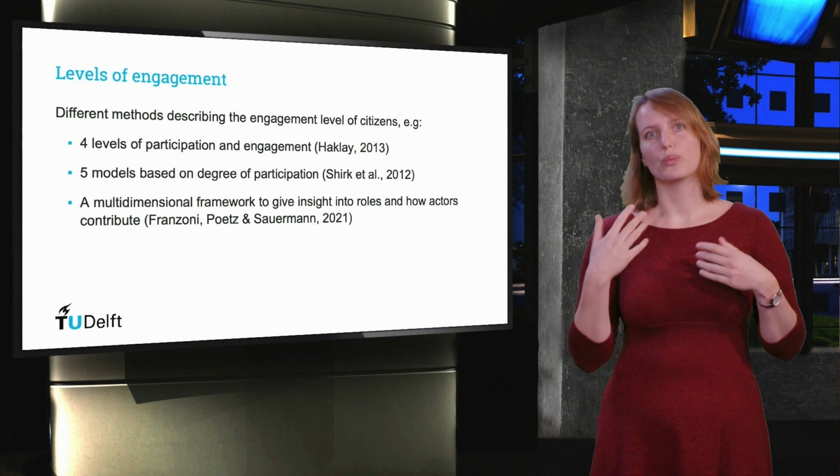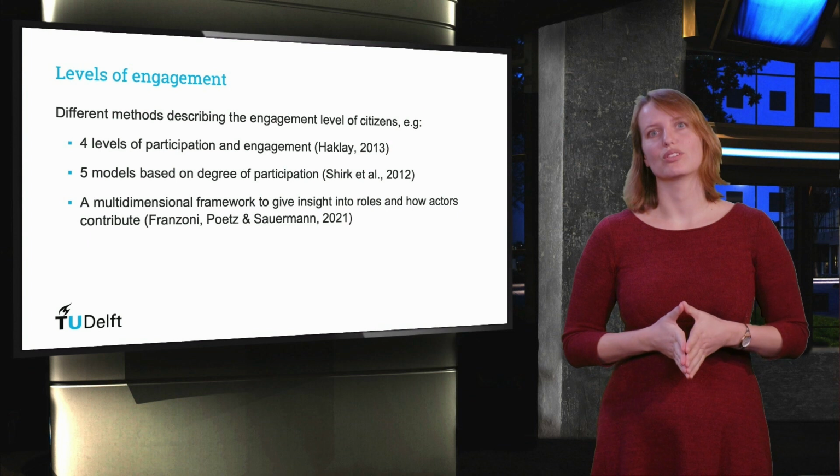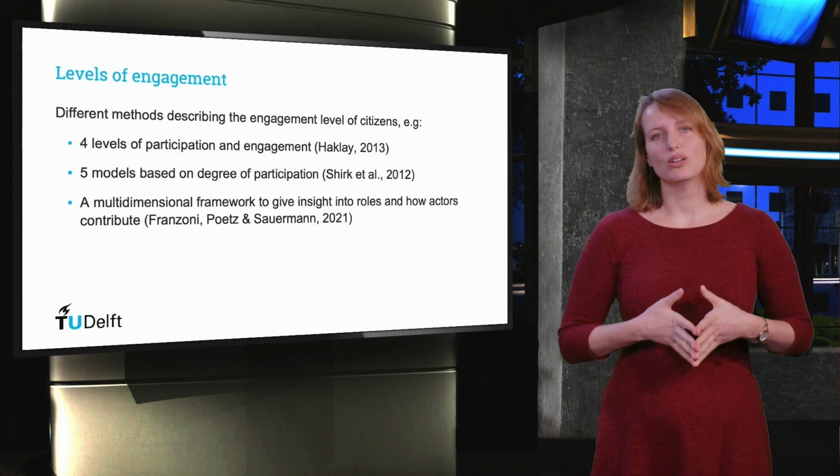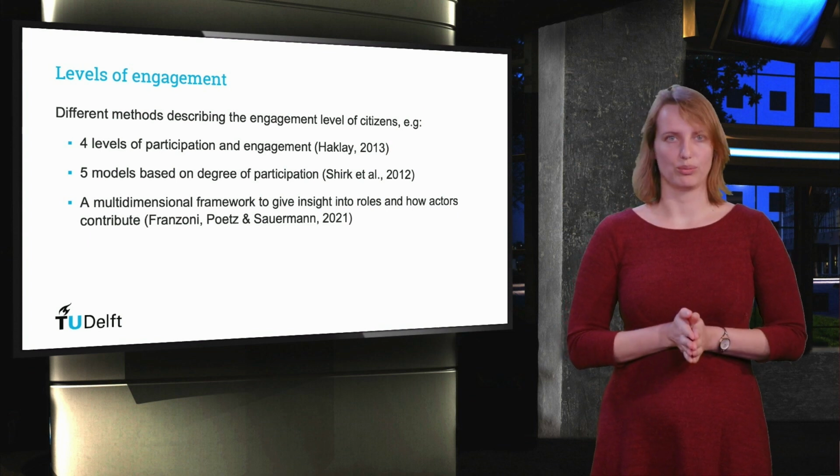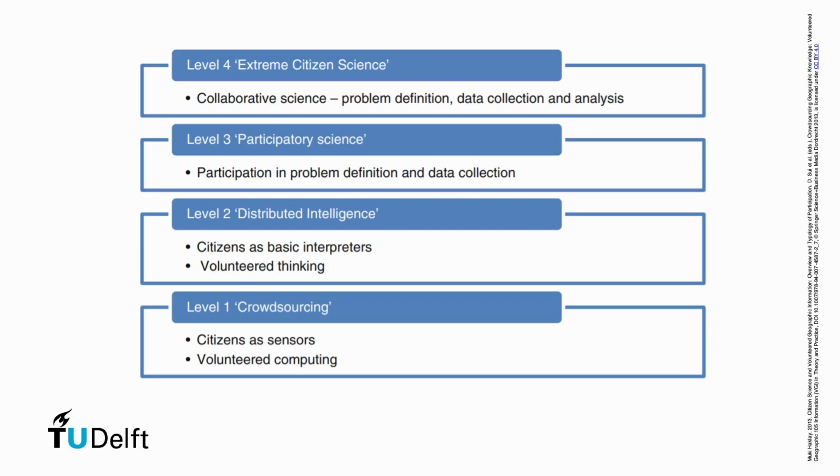Haklay, one of the more well-known methods, which is often mentioned, distinguishes 4 levels of engagement. The first level is called crowdsourcing, where citizens function as sensors or join in volunteered computing. Sometimes even without them being aware, they are helping the research. The second level, called distributed intelligence, engages citizens as basic interpreters or in volunteered thinking.